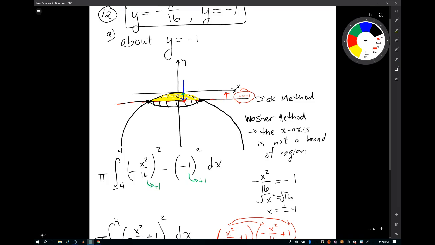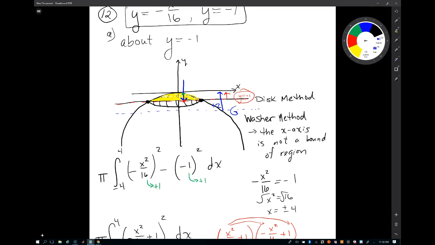So your part B says to use the same exact region but revolve it around y equals 2, or excuse me, negative 2. I'm not going to draw the new solid, but if we're revolving around y equals negative 2, what we'd want to do is shift everything up 2 units. Both of the functions will then easily work out with the disk method.